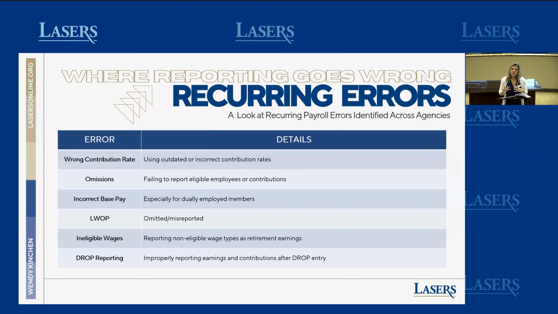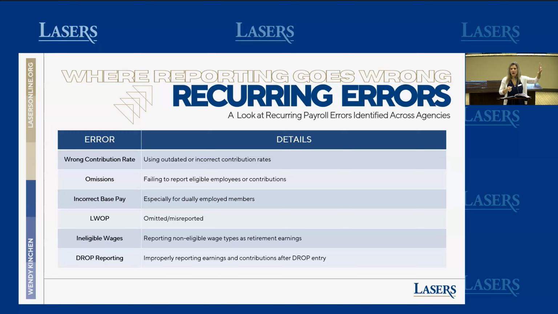So just like with membership and enrollment, with reporting, there are those common errors that we see reoccurring, and some of those are the wrong contribution rate. On that first July report, you forgot to update the contribution rate in your system. So for that first July report, every employee used the rates from the prior fiscal year.